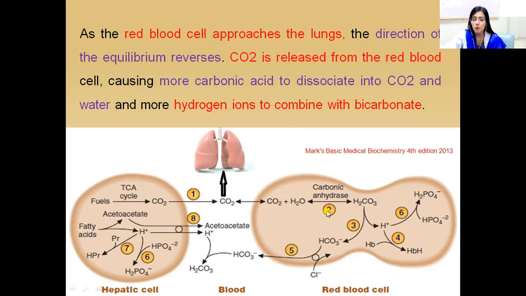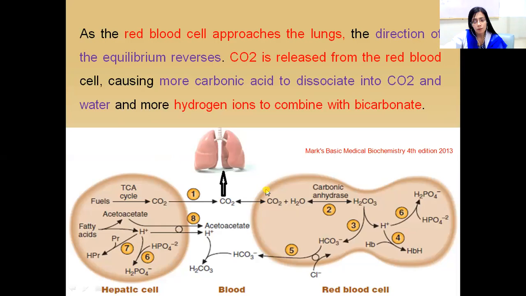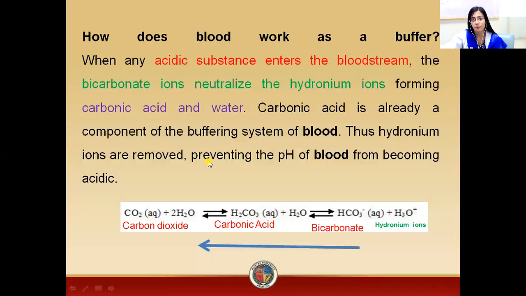Now, more carbonic acid, H2CO3, will dissociate into carbon dioxide and water, and more hydrogen ions will combine with these bicarbonate ions so that there will be production of carbonic acid, and ultimately from this carbonic acid there will be formation of carbon dioxide, and this carbon dioxide will then move towards the lungs and will be exhaled from our body.